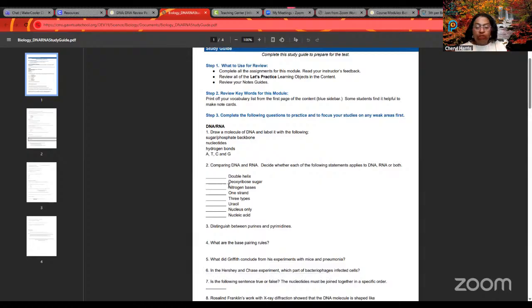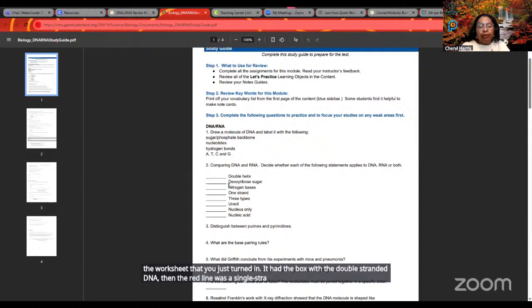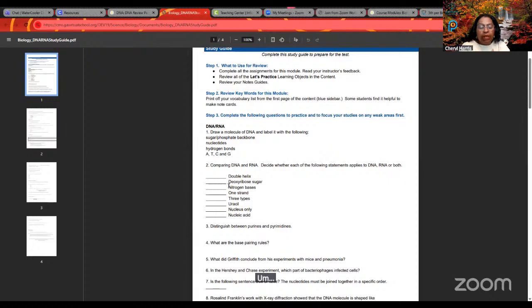All right, one strand, is RNA single-stranded. We just looked at that on the worksheet that you just turned in. It had the box with the double-stranded DNA, then the red line was a single-stranded RNA. There are three types. That's RNA. There's messenger RNA, ribosomal RNA, and transfer RNA. Write those off to the side.